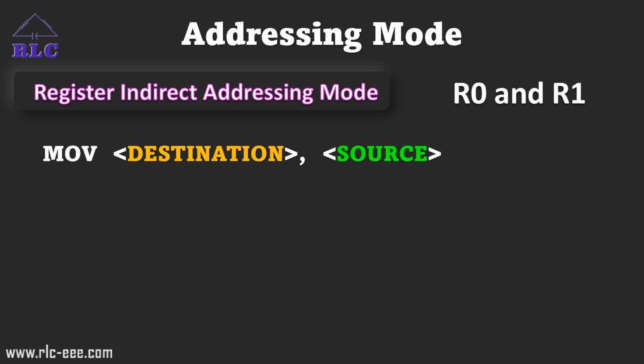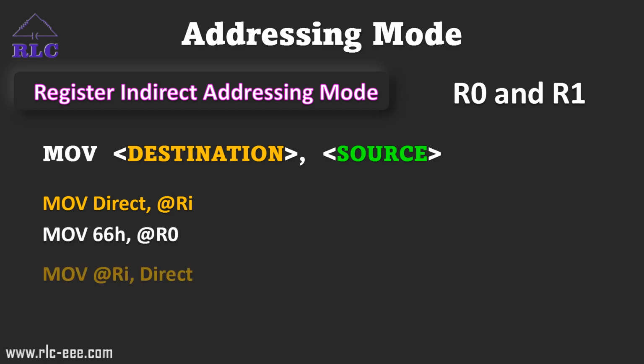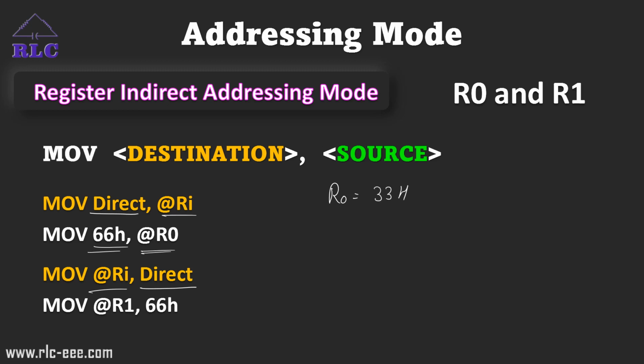We can also use a direct address in the register indirect addressing mode. That means the destination or the source can be a direct address, or one of the destination or source can be a pointer. Here in the example, we have taken 66H as the direct address and @R0 as the pointer. Assume R0 is the same, that is 33H.